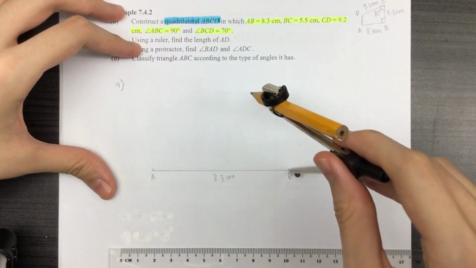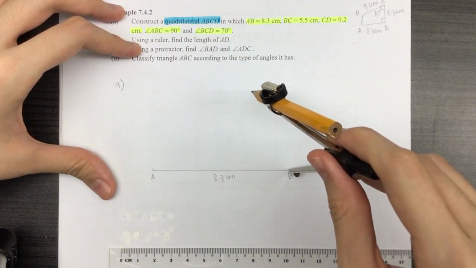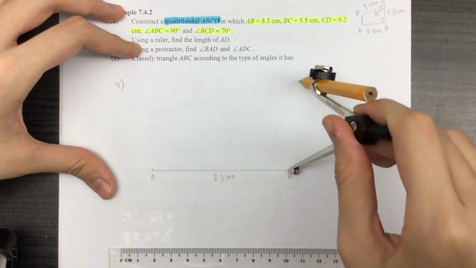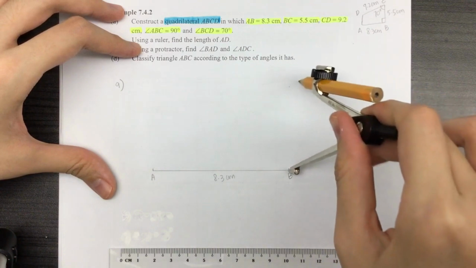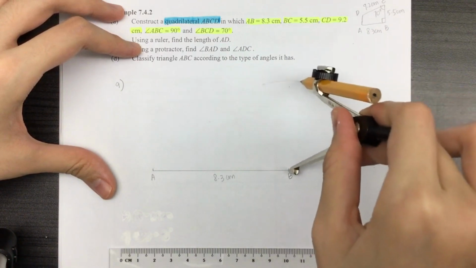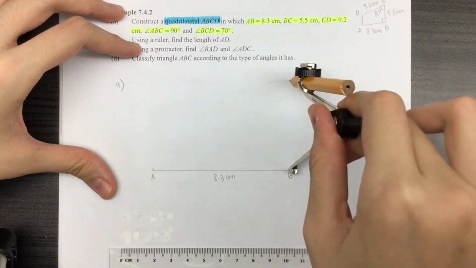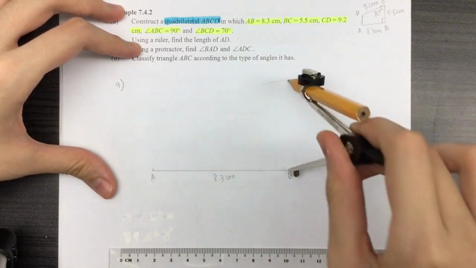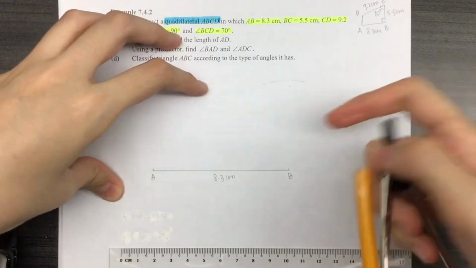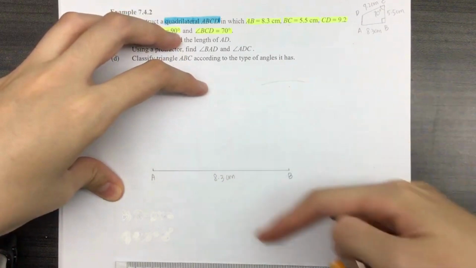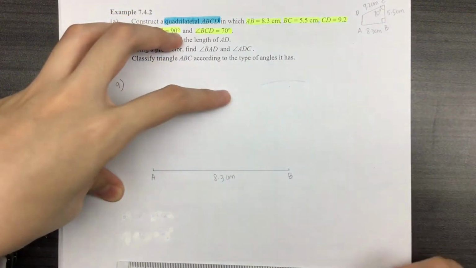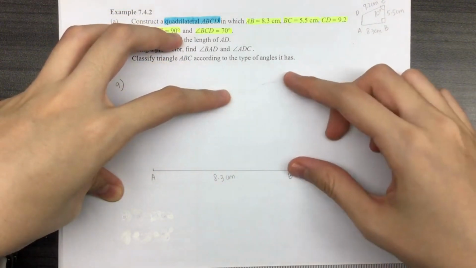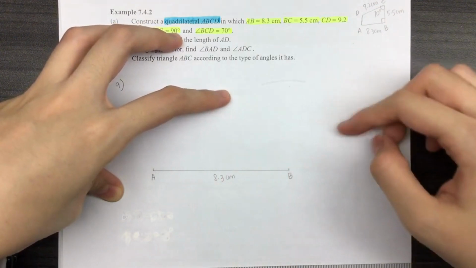You know that any distance from B to the arc will be 5.5 cm, because it is the radius of the compasses. So anywhere from point B to the arc is 5.5 cm.